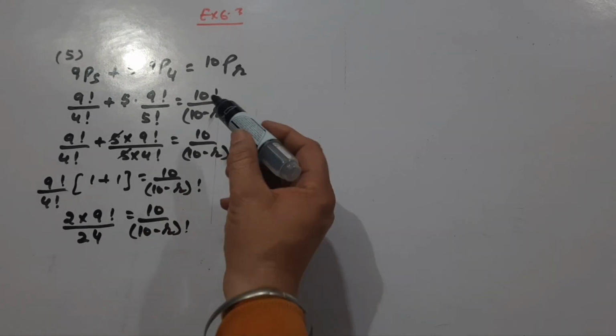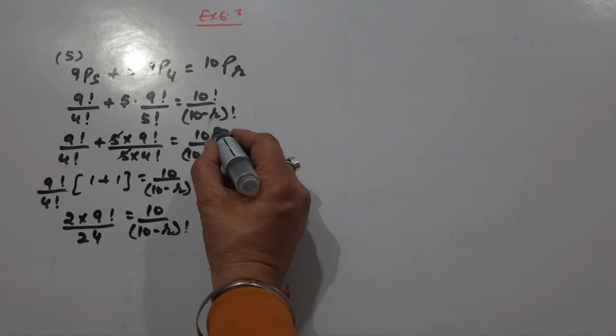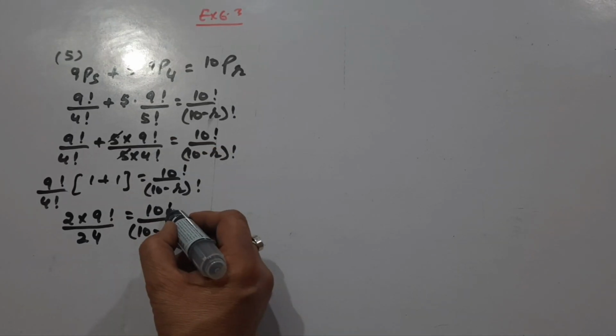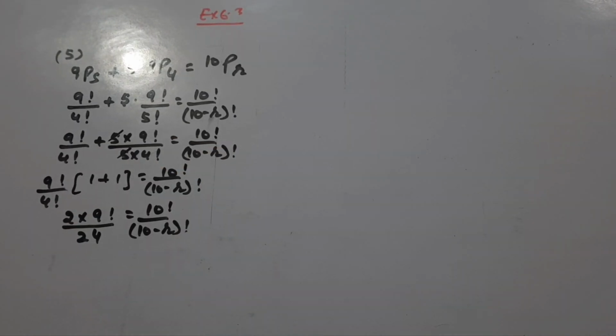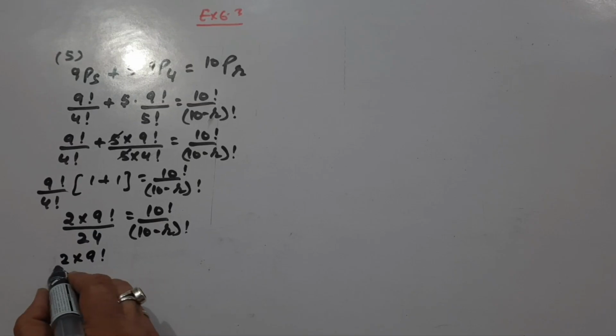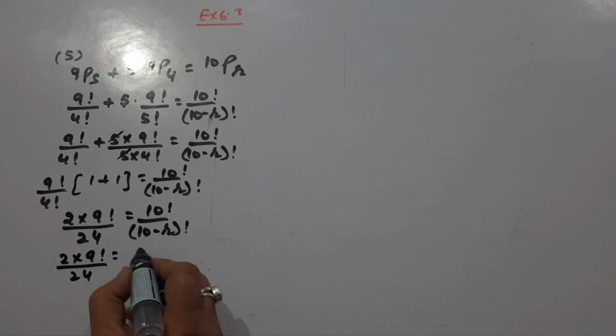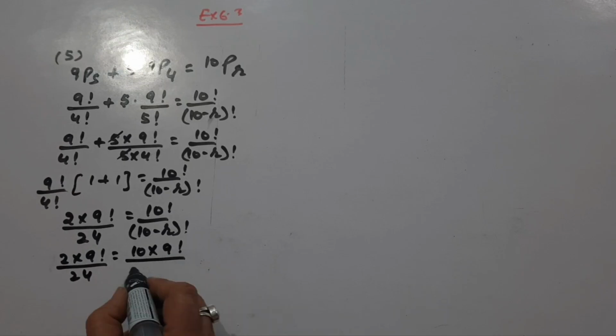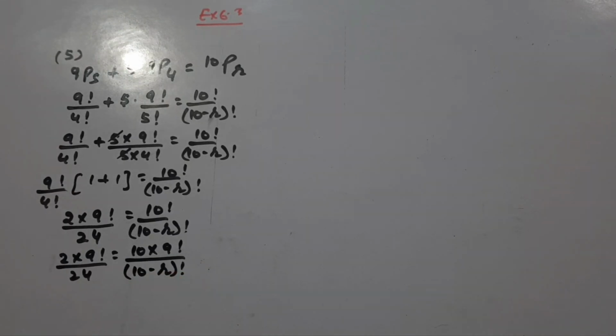Now students, make it correct. Here we have 10 factorial, and here also 10 factorial. Now let us do this. Now 2 into 9 factorial upon 24. Now write 10 factorial as 10 into 9 factorial upon (10 minus r) factorial, like this.